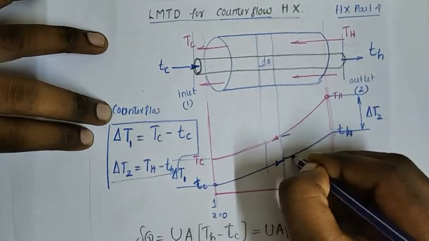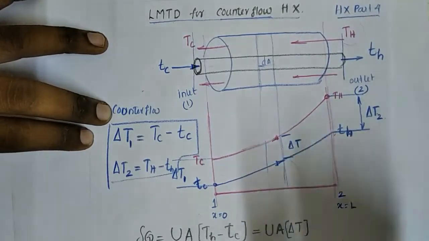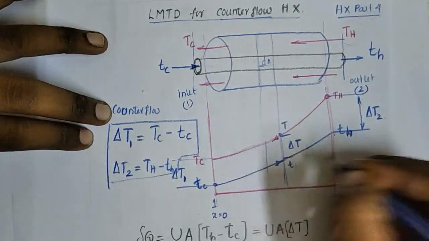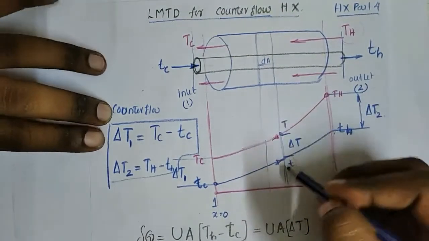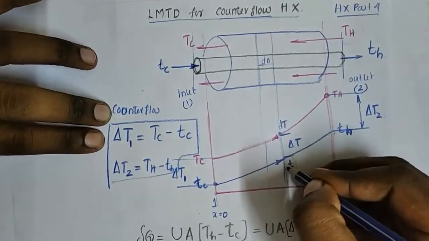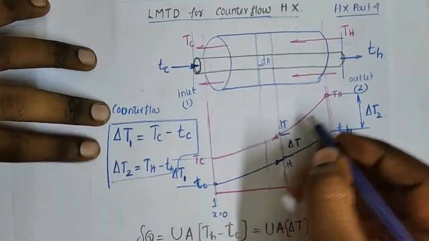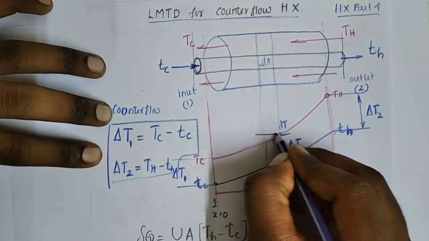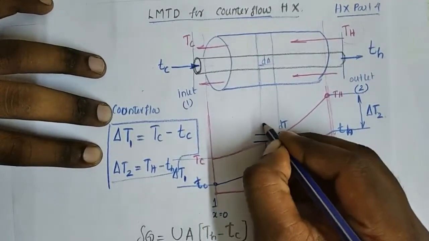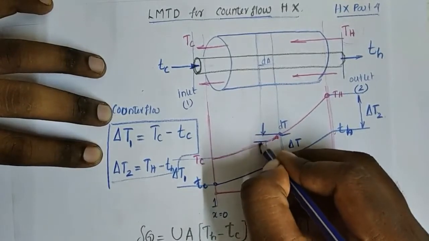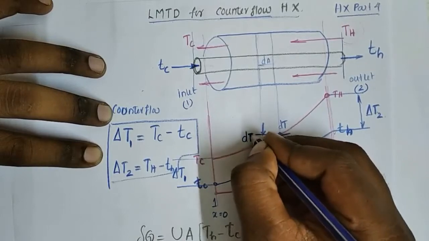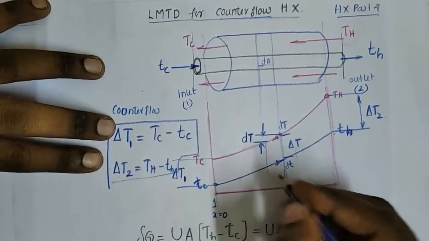This is the delta T. Here this is the capital T, this is a small t. Delta T means capital T minus dt, small dt, while considering the hot fluid, this is capital dT, sorry, differential of the hot fluid.